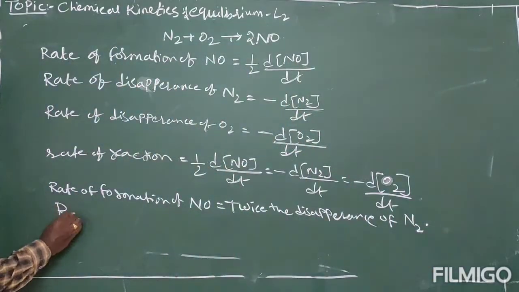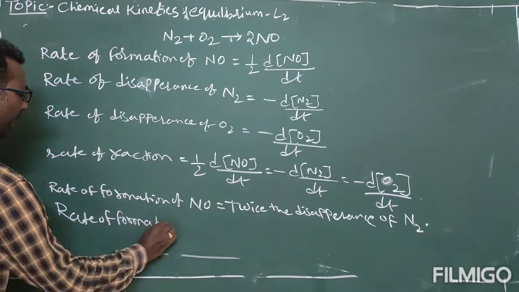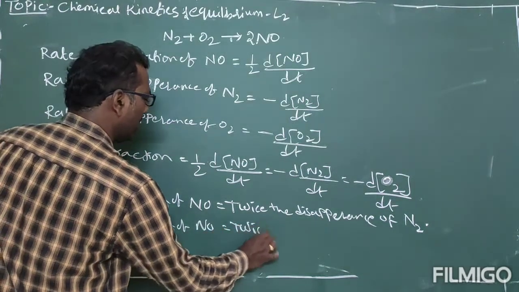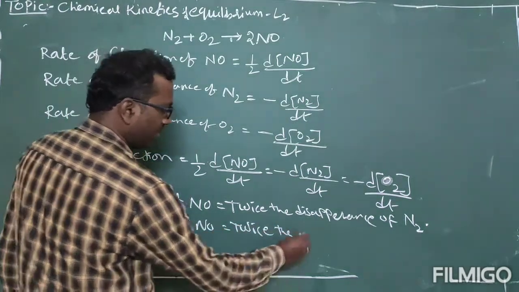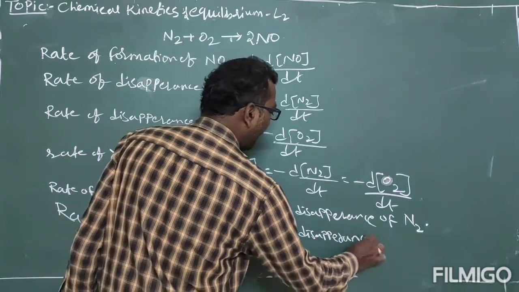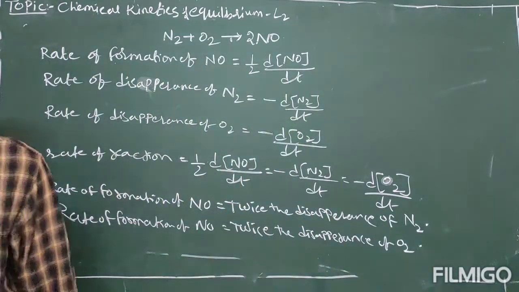Or I can also write like this: rate of formation of NO is equal to twice the rate of disappearance of O2. So this is the relation.